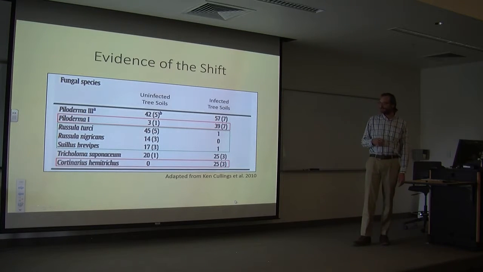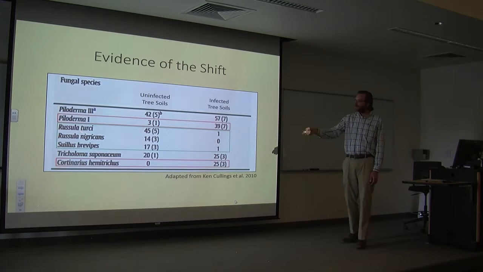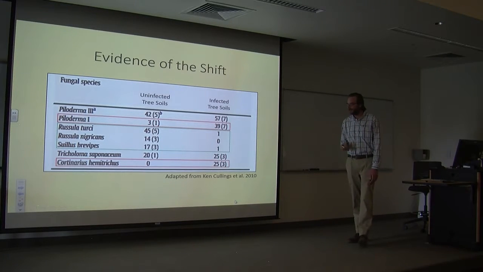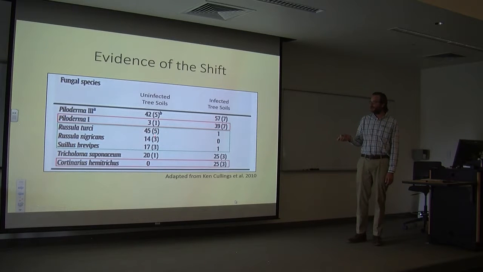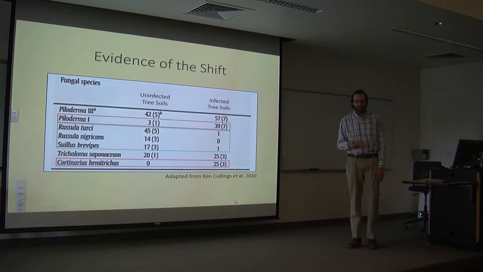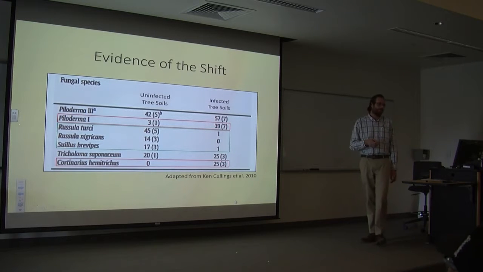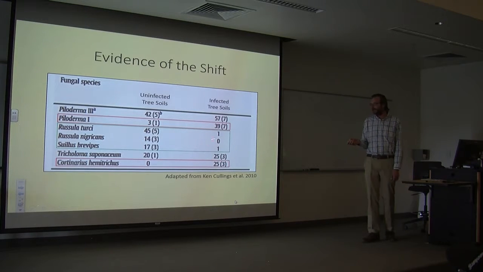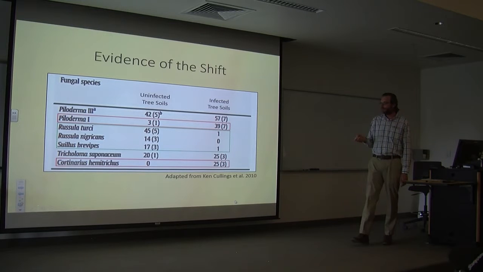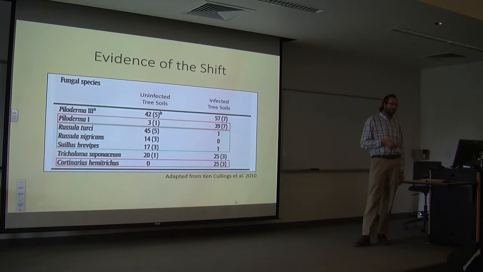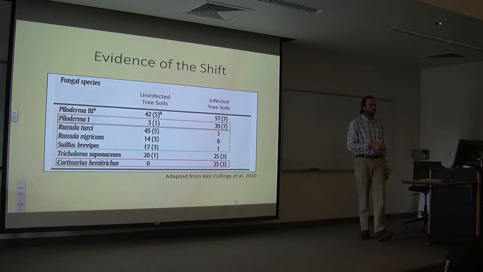Here we have some evidence of that. This Russula and Suillus species here are very prevalent in the uninfected tree soils, but in the soils of infected trees they're virtually absent. This probably may reflect the fact that Russula and the Suillus species are less efficient at gathering and transporting nutrients to the tree.